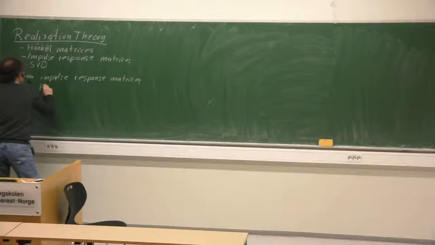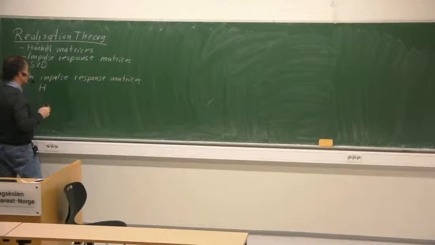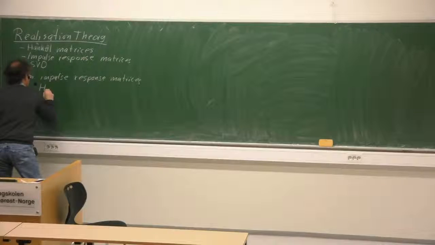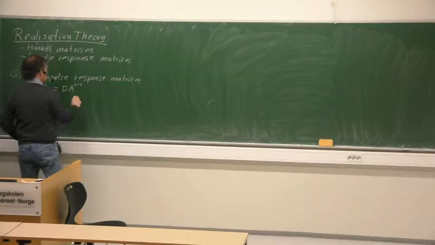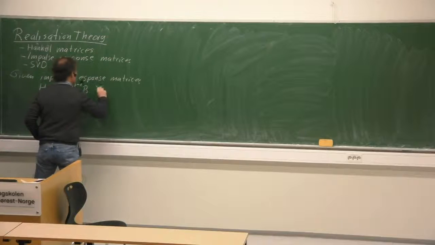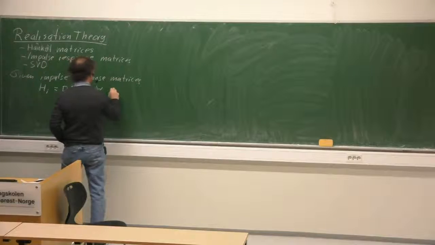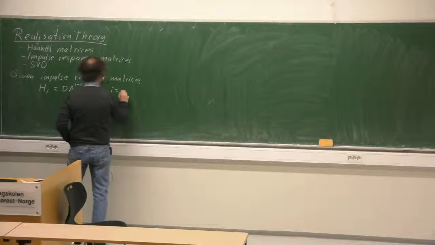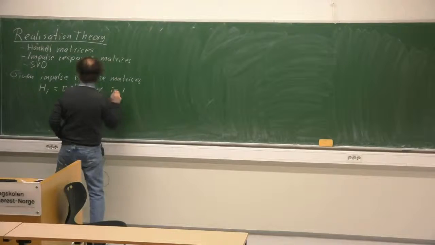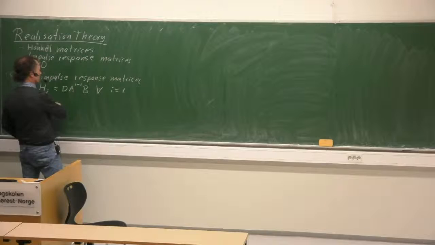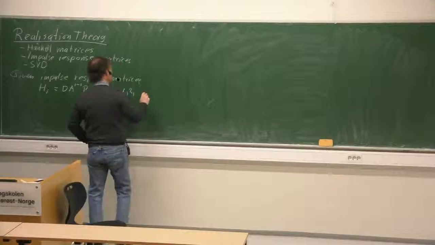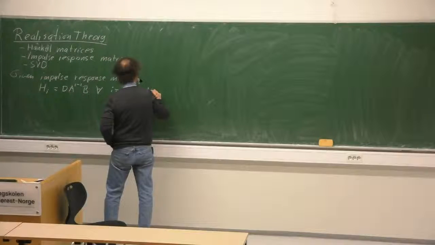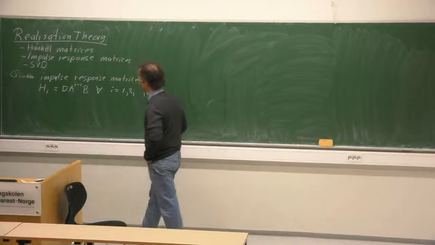I use H_i as the impulse response matrix with index i, equal to D A^(i-1) B, for some integer numbers i = 1, 2, up to a number L plus J, two integer numbers.